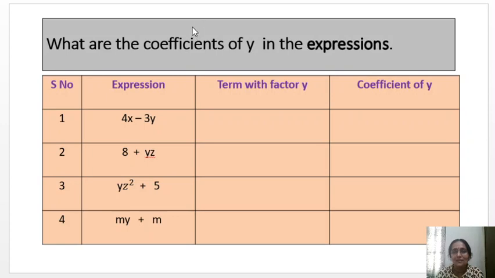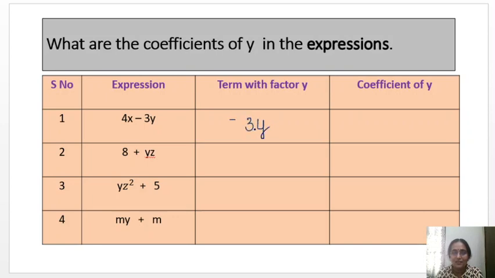Please note how it is different. There are two terms in this given expression, 4x minus 3y. The second term consists of y, right? You have to identify the term with factor y. Minus 3y is our required term.